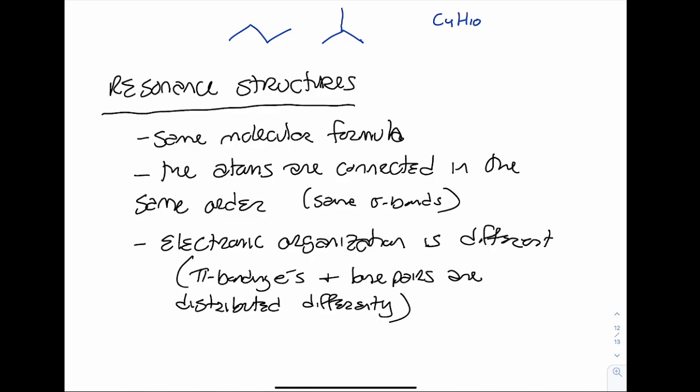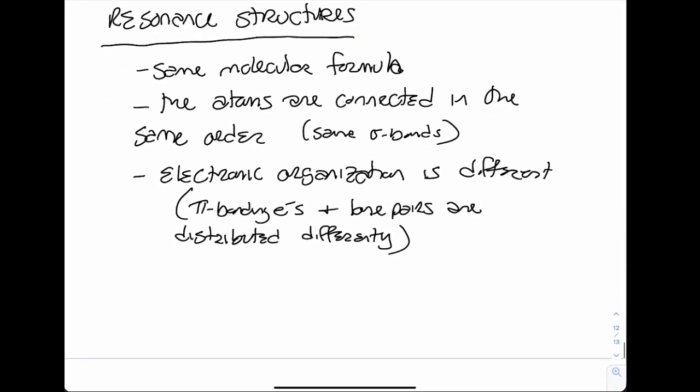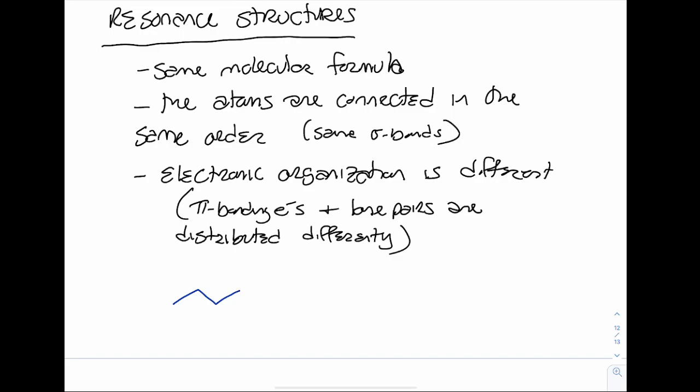The only way to have a different organization of my electrons but have my sigma bonds being the same is for pi bonding and lone pairs to be distributed differently. And you guys have seen lots of examples of resonance, but we will put one here just to be complete. Remember, I don't always include those lone pairs. I assume at this point in the semester that if I was to put a negative charge on that oxygen, that you would be able to draw in the 3 lone pairs.